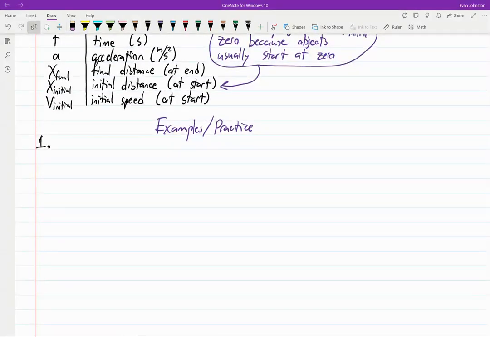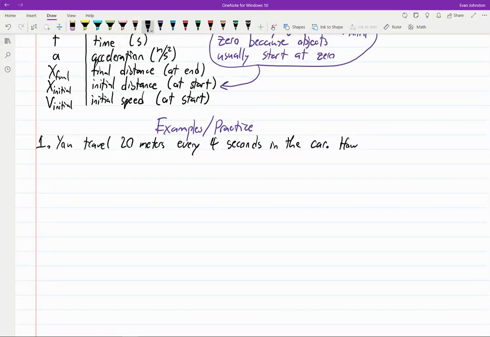And so we have: you are in the car and travel 20 meters every 4 seconds in the car. Period. How fast are you moving?